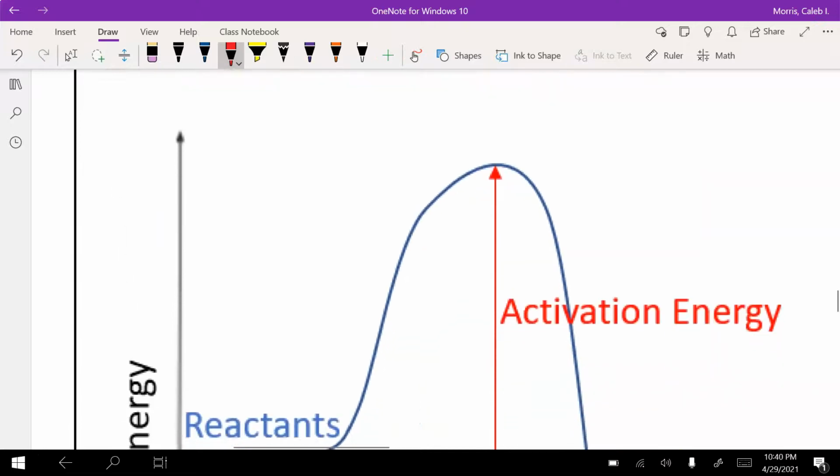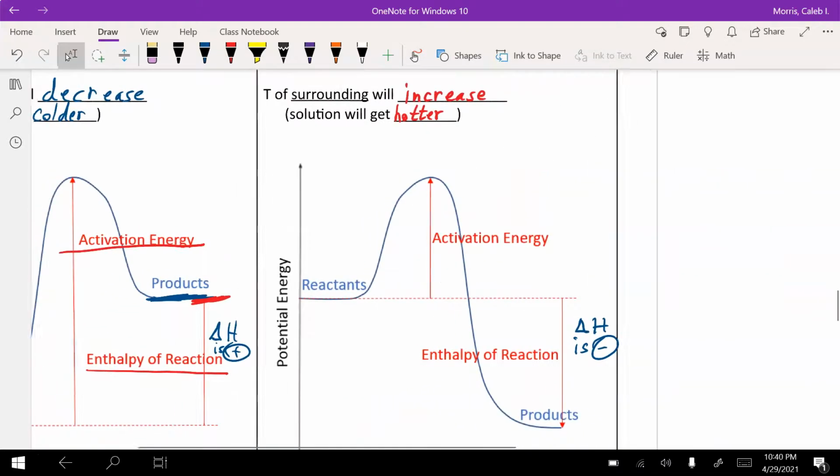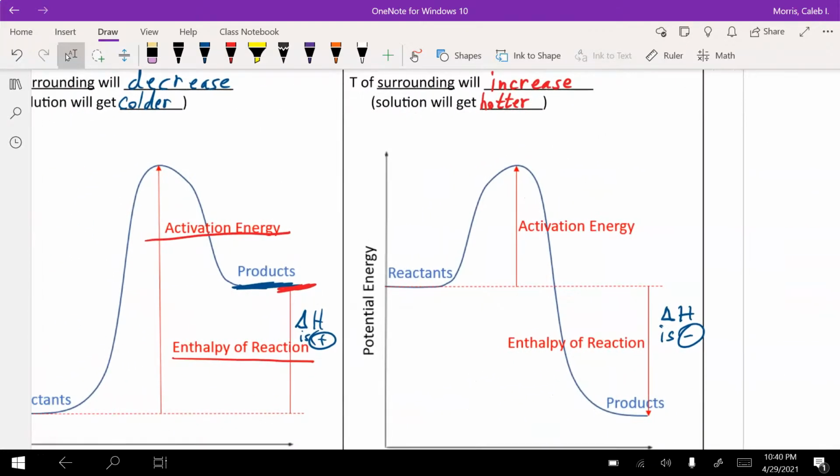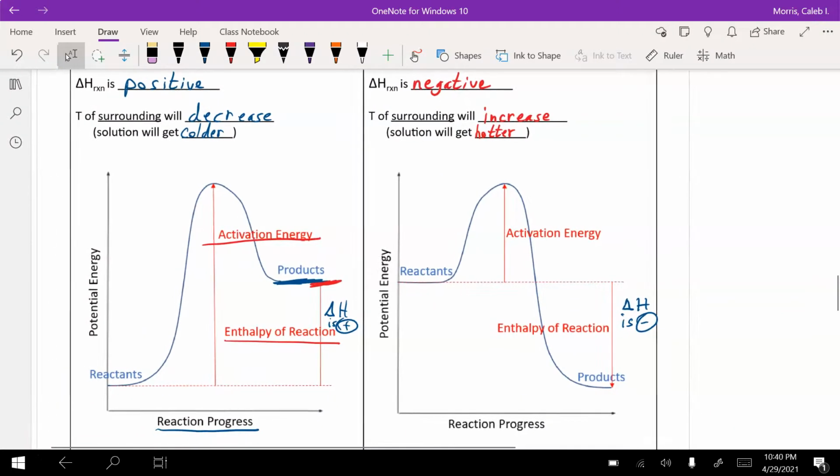And if you look at this diagram as it compares to the other one, it looks similar in some ways, but you can see that our reactants have higher energy than the products do. So it's flipped in that way. As the reaction proceeds, we still have to get over that activation energy bump.